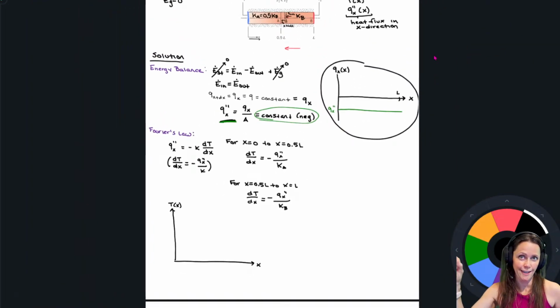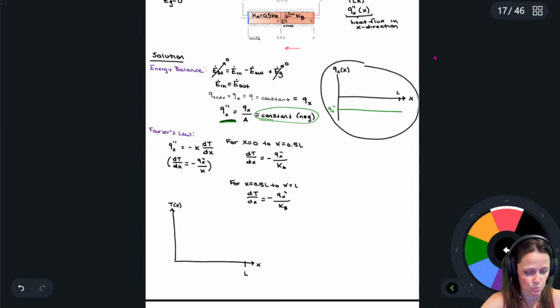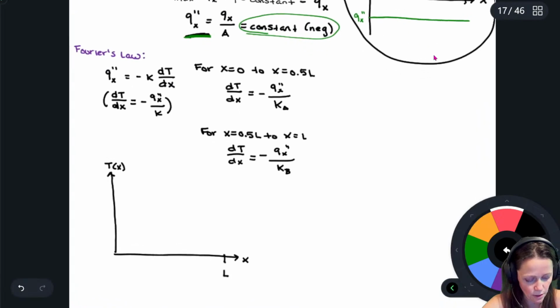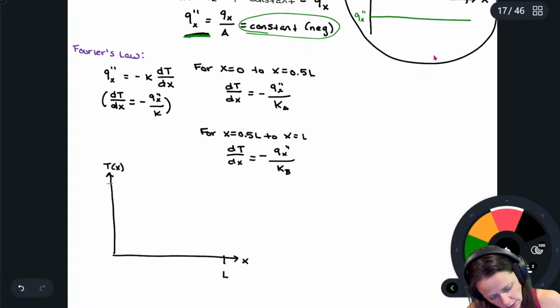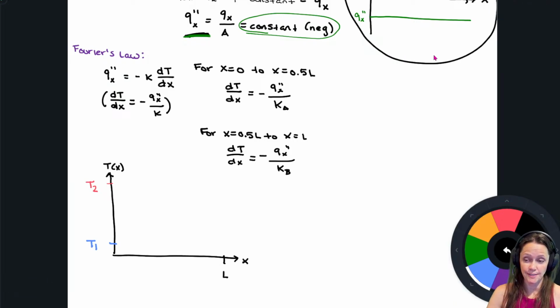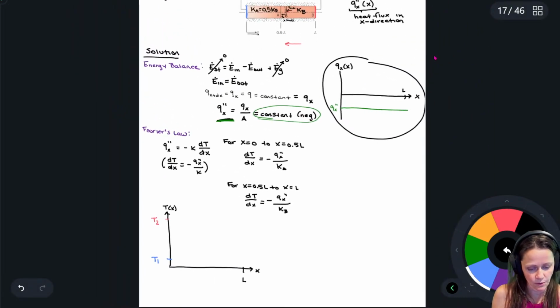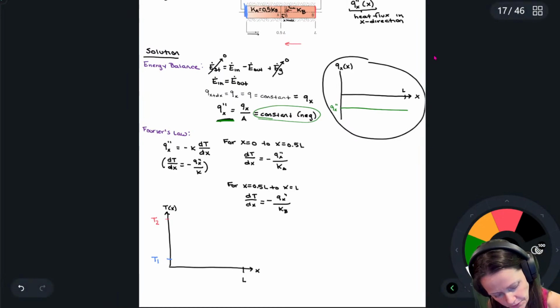I'm going to put a dot at X equals 0 and X equals L. I've got two temperatures: T2 is the temperature on the right side, and T1 is the temperature on the left side, at X equals 0.